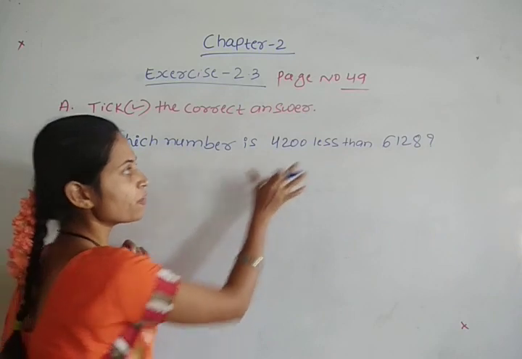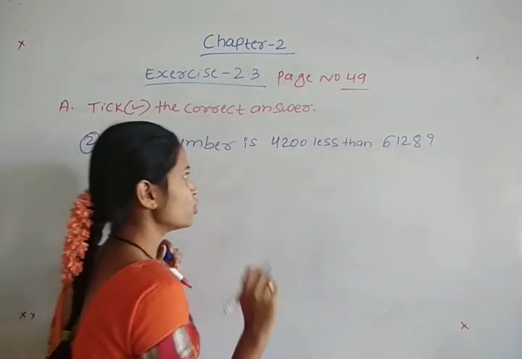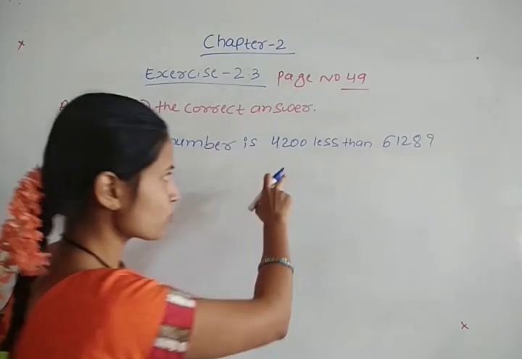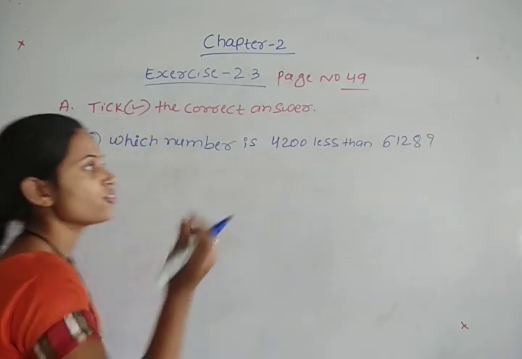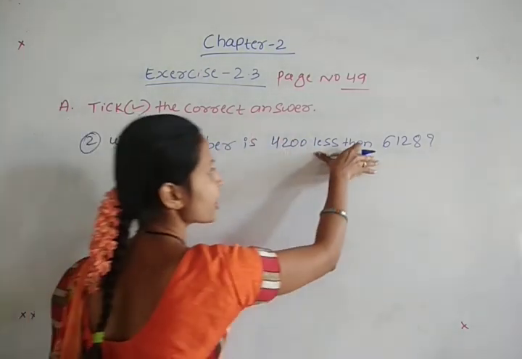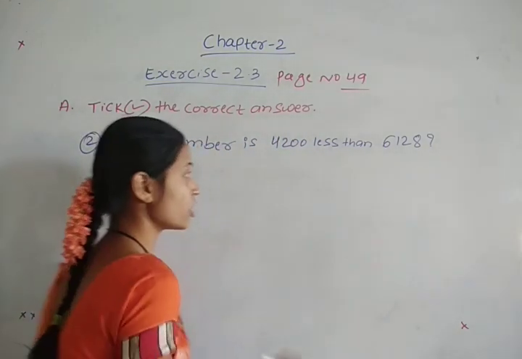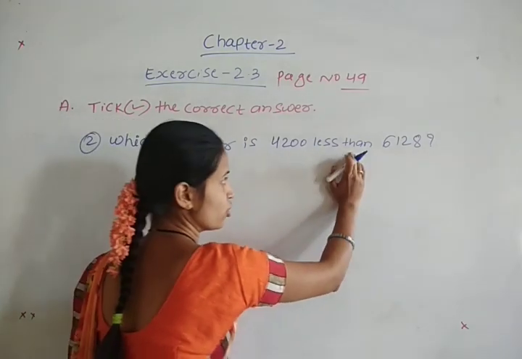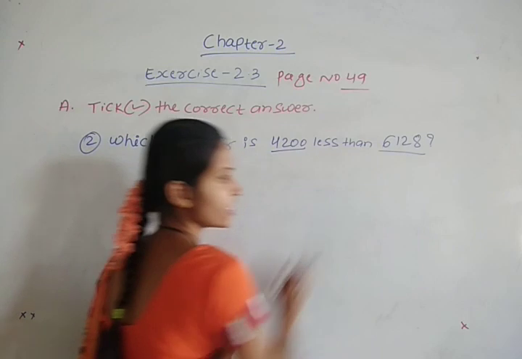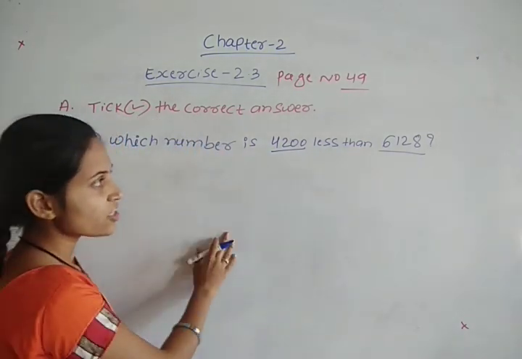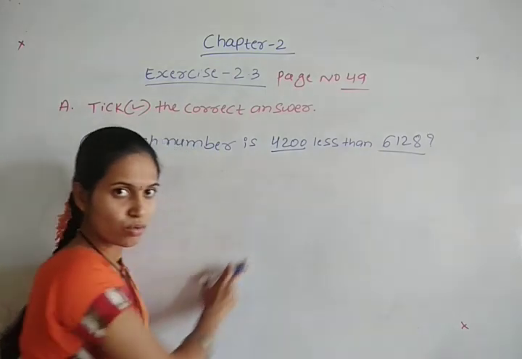If between two numbers we have less than, then we should subtract the smaller number from the bigger number, and if you have more than between any two numbers, you should add those two numbers. Okay, so here we have less than, so here 4200 and 6128 are there. Here the bigger one is 6128, which is bigger than 4200.